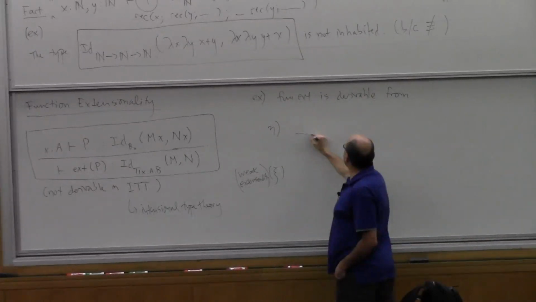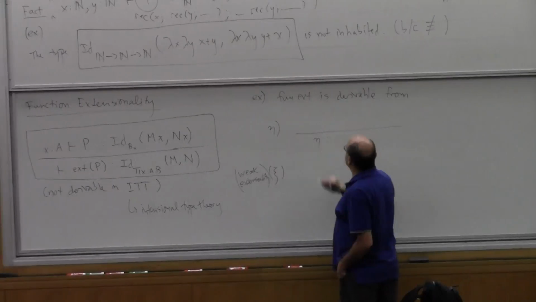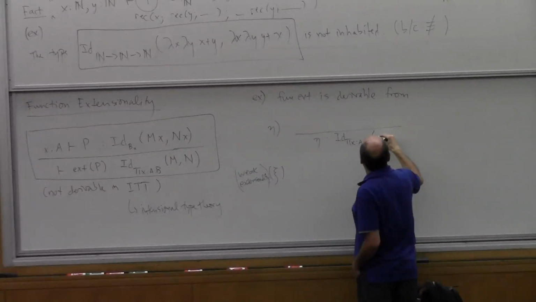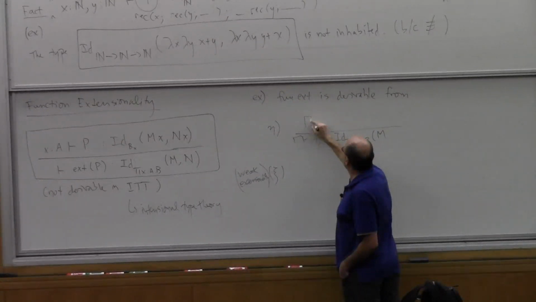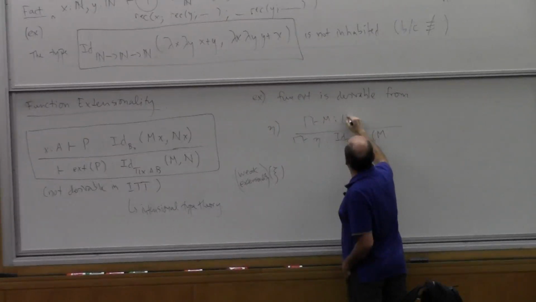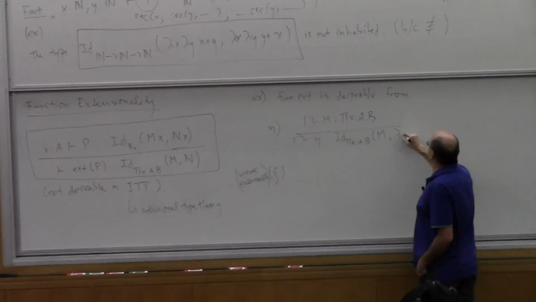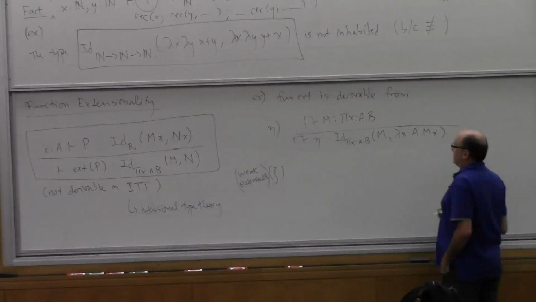So eta is the principle, let's just think of it as a constant, that says if I have a pi type, and I have m, let's put this in any context gamma, so m is of type pi x in A, B, then m is equal to its so-called eta expansion, which Frank no doubt discussed with you.